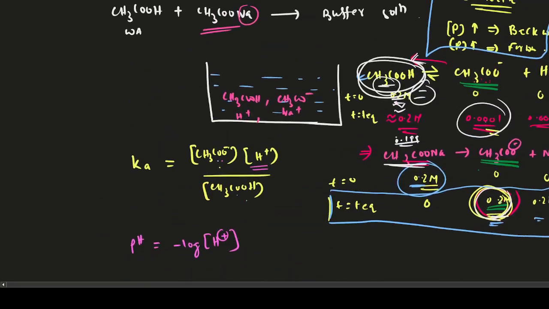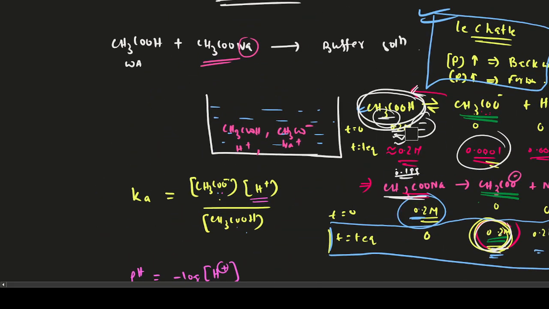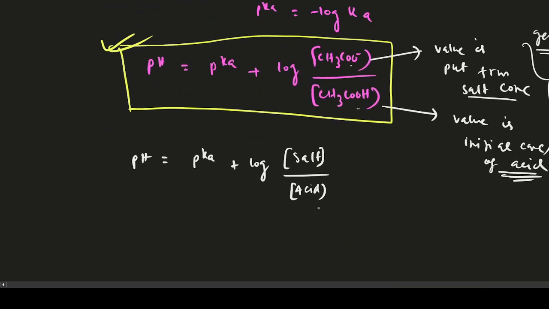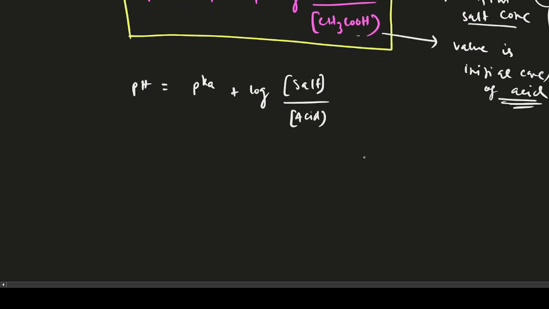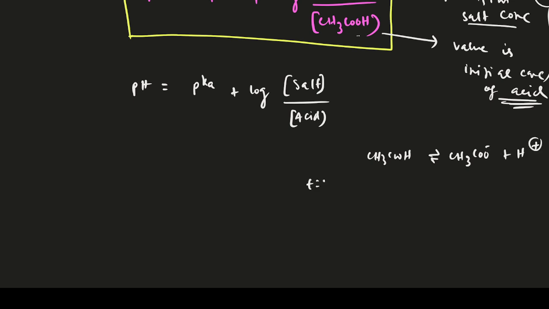But if it is mentioned, suppose the question is given like CH3COOH going to CH3COO minus plus H plus, with initial concentration, let's say 0.1 molar, or 0.2 molar, or 0.4 molar, and at equilibrium, let's say this is a very small value.